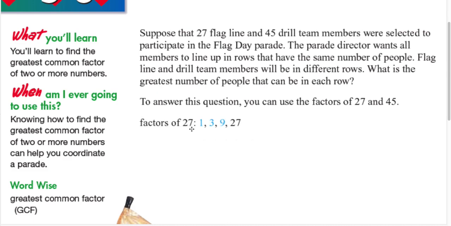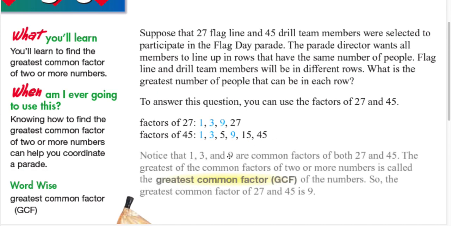So let's list the factors of 27: 1, 3, 9, and 27. Factors of 45 are 1, 3, 5, 9, 15, and 45. Okay, so if you notice, 1, 3, and 9 are common factors of both 27 and 45. And the greatest of the common factors of two or more numbers is called the greatest common factor of the numbers.